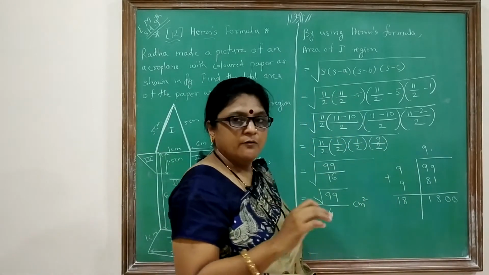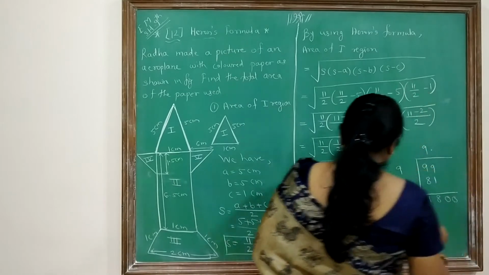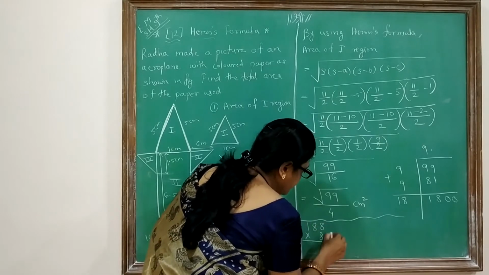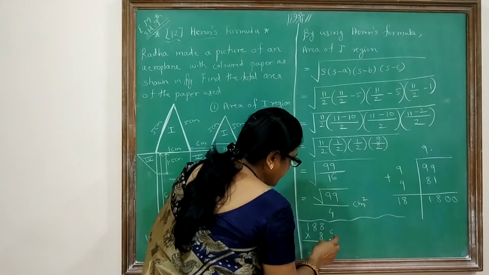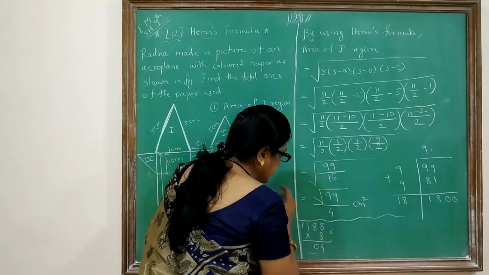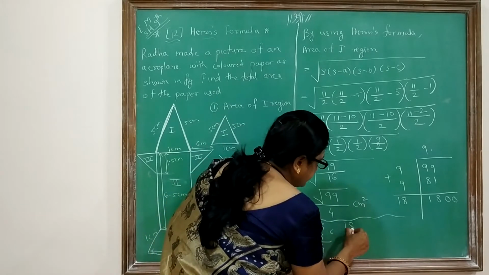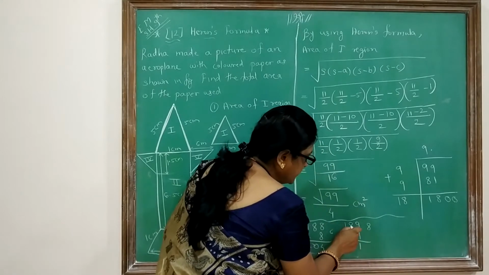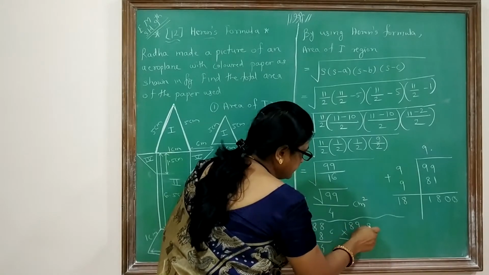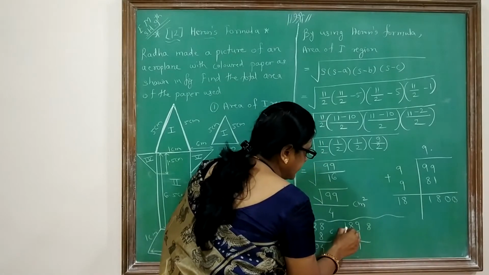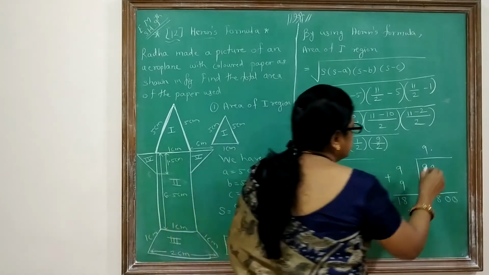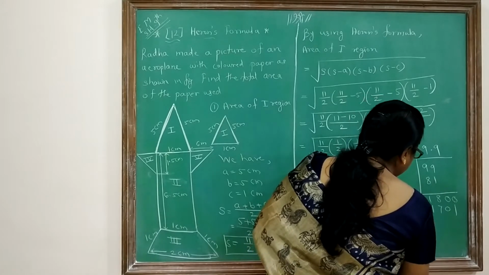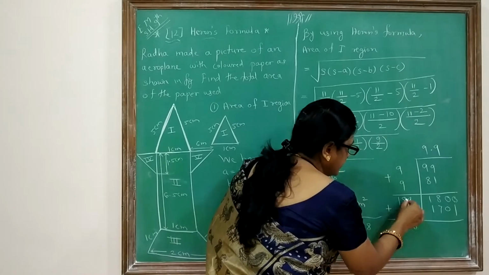Again you will multiply 18 by 8, that is 8 eights are 64, and so on. Then 189 multiplied by 9, then 9 nines are 81, 8 nines are 72, and we continue adding to get 1701.